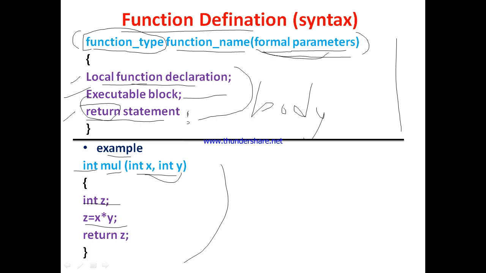The input given to the function is stored in variables x and y, their multiplication is done here, and the result is stored in variable z. Return z: z is the result returned by the function. This result is returned to the place where the function is called.